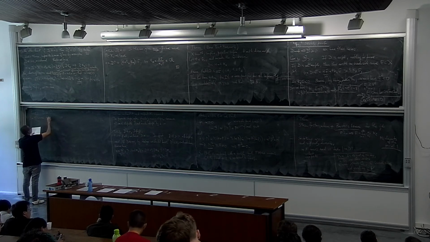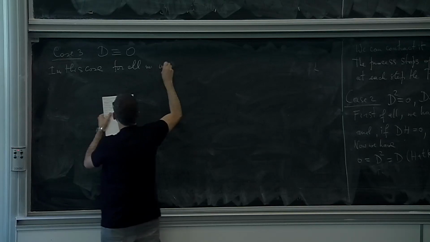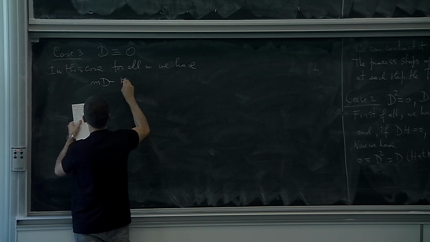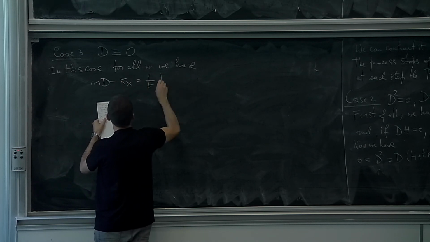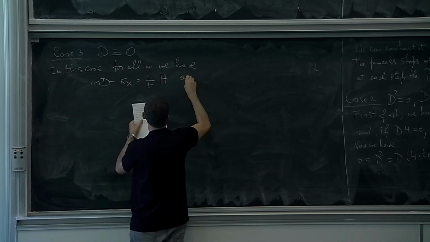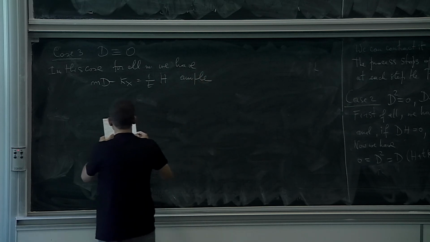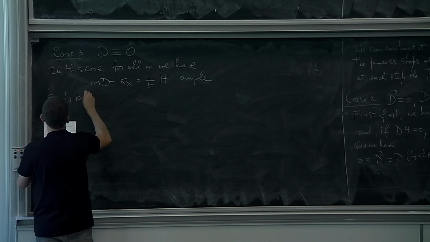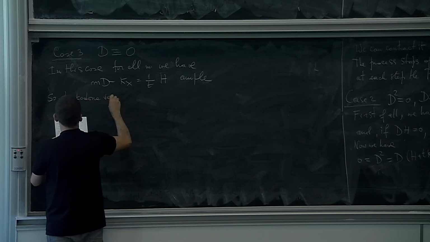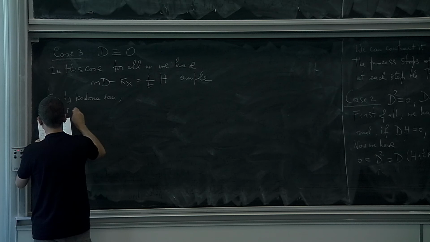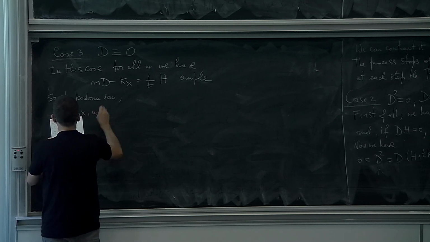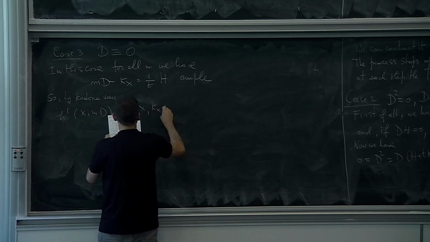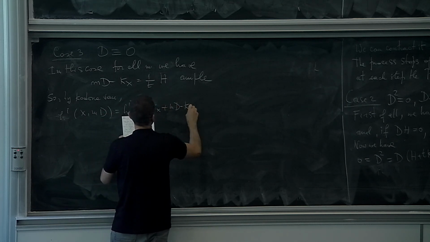For all m, we have mD plus K_X, this is 1 over t H, which is ample. Okay, so Kodaira: we have that H^i(X, mD) is H^i(X, K_X plus (mD minus K_X)).